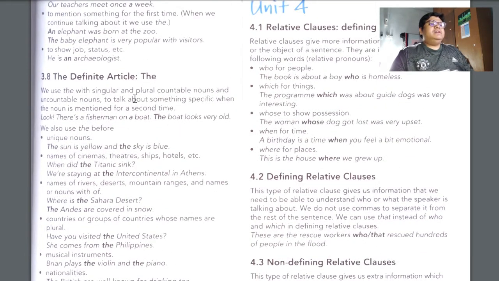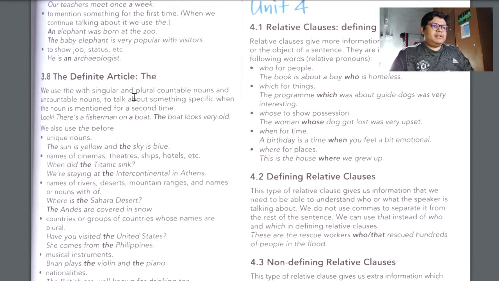Okay, so the word the here, the article the, sometimes can be used for singular or plural. Okay, but it can also be either countable or uncountable noun depending on the situation.